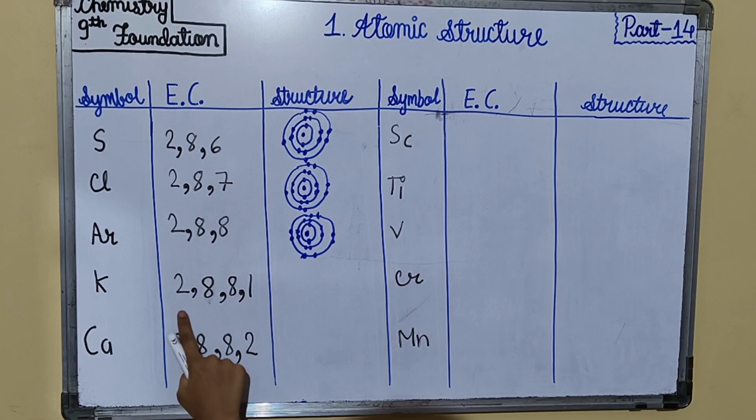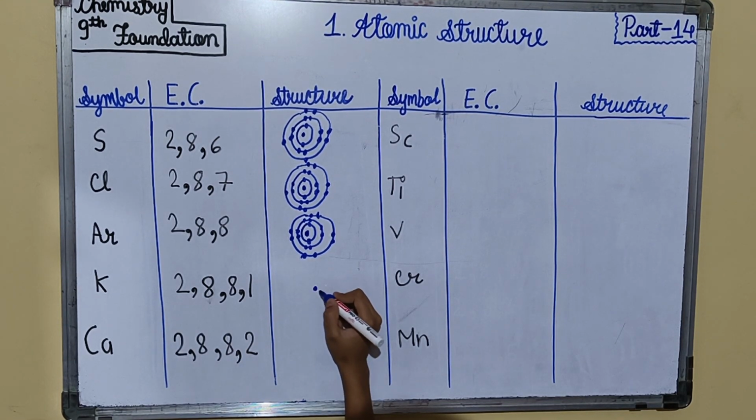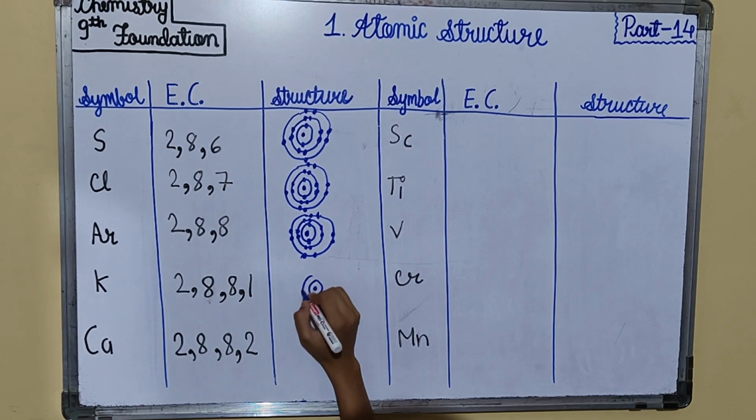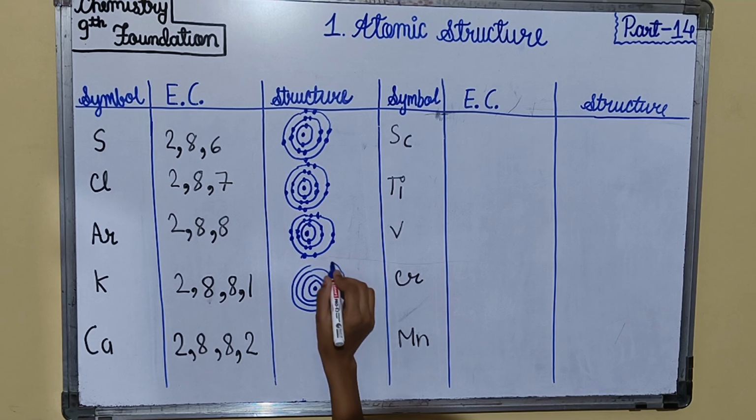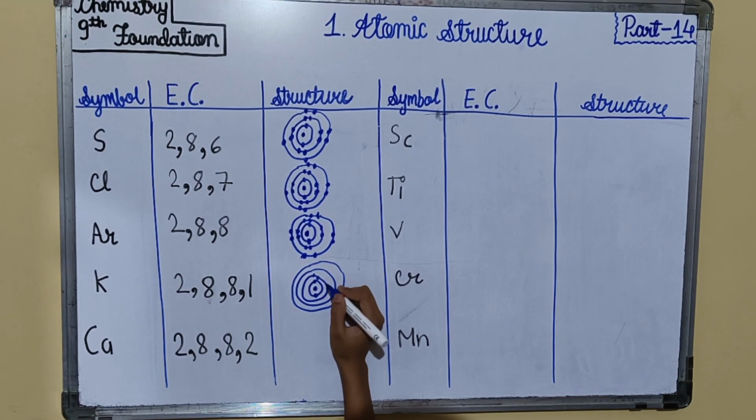Now in potassium we have taken 2, 8, 8, 1. We have to take 4 shells over here. One thing in this is the sufficient electrons in the third shell are more, but we are taking 8 because the fourth shell is not stable till now.